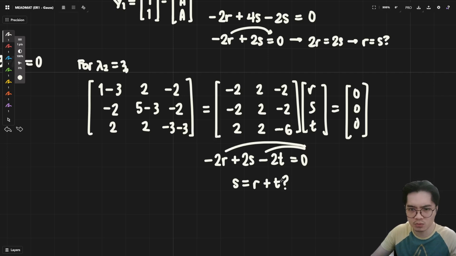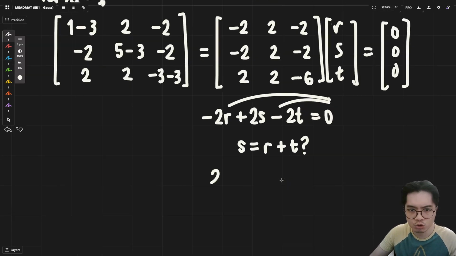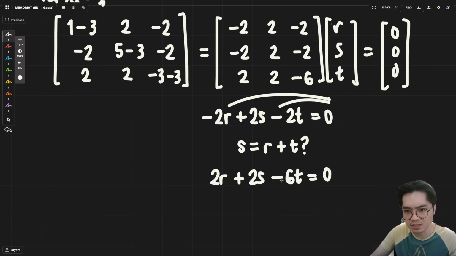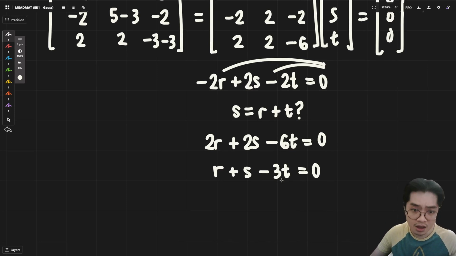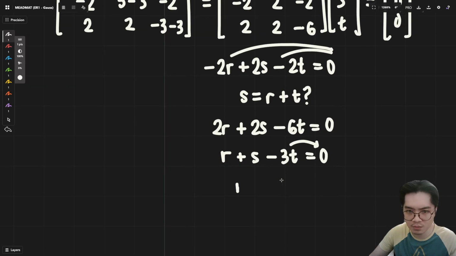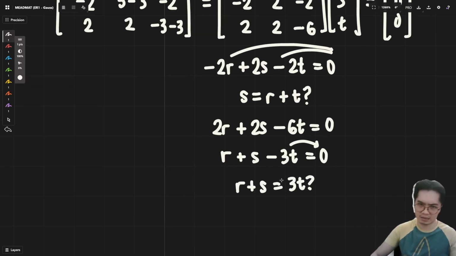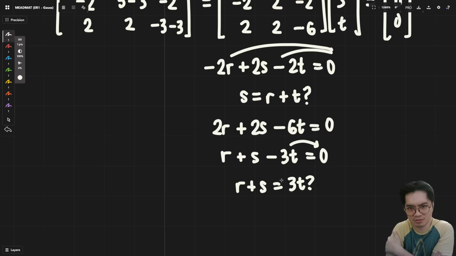What about this one? 2R plus 2S minus 6T is equal to 0. If we cancel out all of our 2's, we get R plus S minus 3T equal to 0. If we put this to the other side, we will have R plus S equal to 3T. So how are we going to combine these two things?